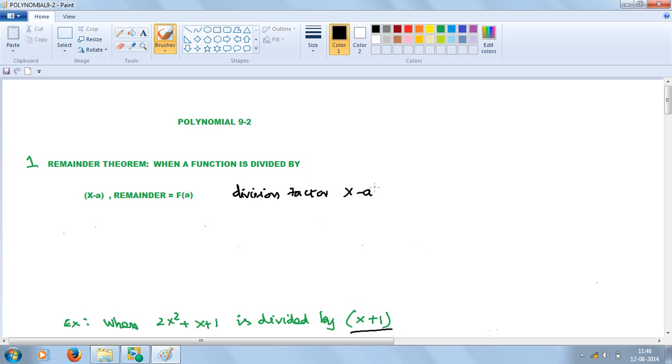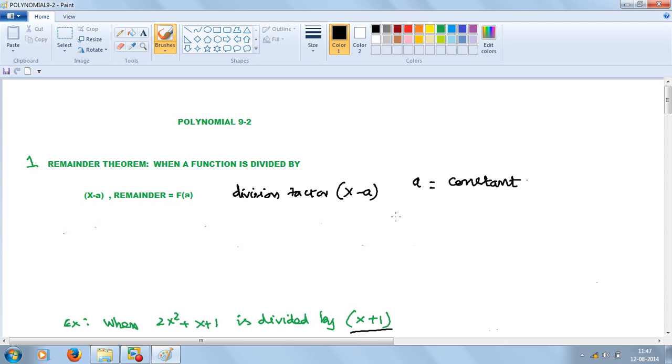So the value of a can be anything, a simply represents a constant. This value should not be confused with the standard equation ax square plus bx plus c.